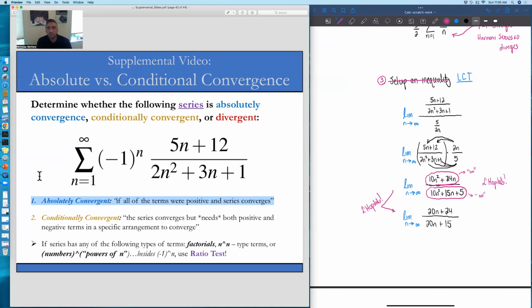Let's take a look at what happens in this numerator as n goes to infinity. That 20n is going to infinity. In the denominator, again, that 20n is also going towards infinity. So again, we're in this infinity over infinity looking thing. So we have an indeterminate form that we can use L'Hopital's on. So let's do L'Hopital's again.